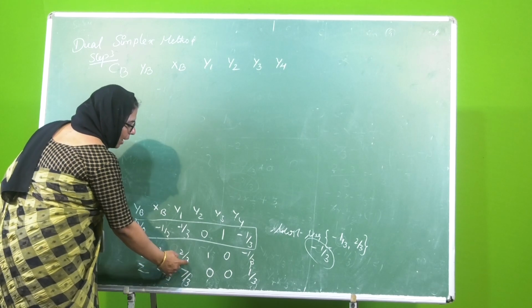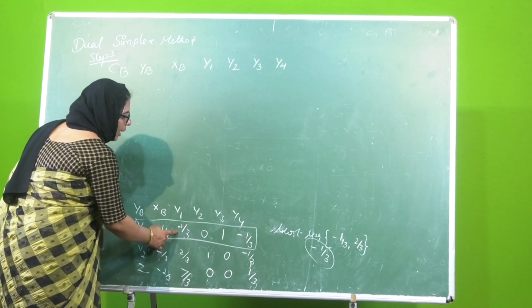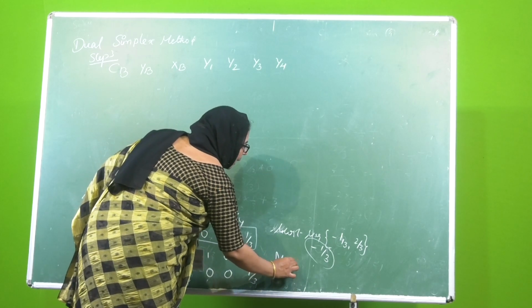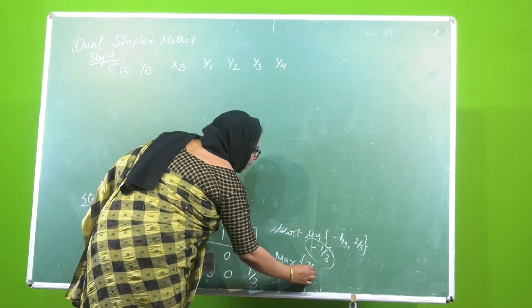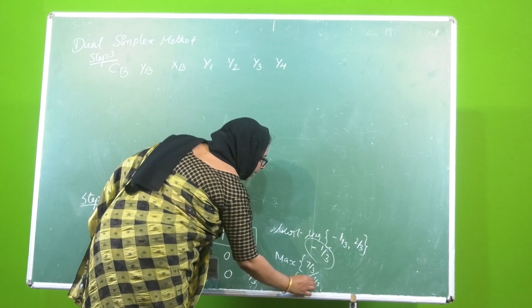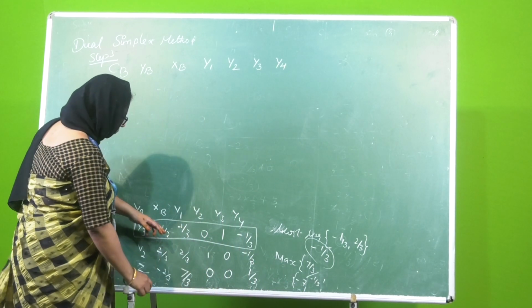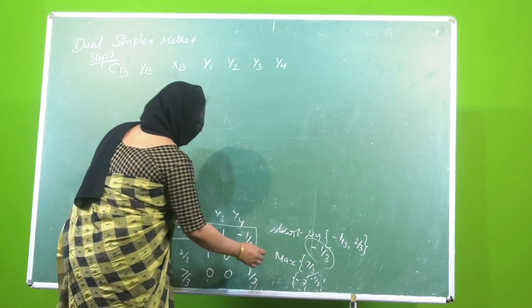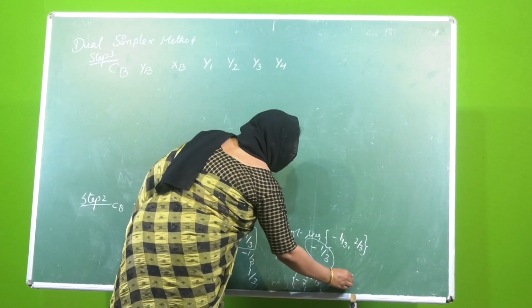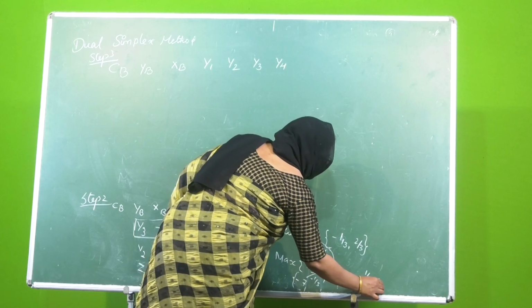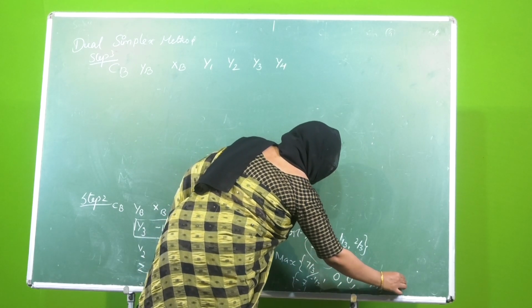Zj minus Cj value: 7 by 3 divided by -1 by 3, that is -7, and this value 0, 0 by anything is 0. So 1 by 3 divided by -1 by 3 is -1.